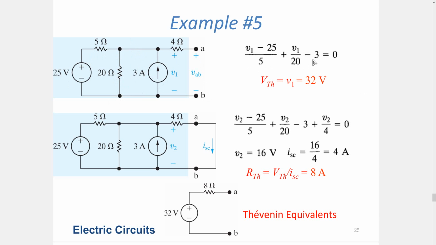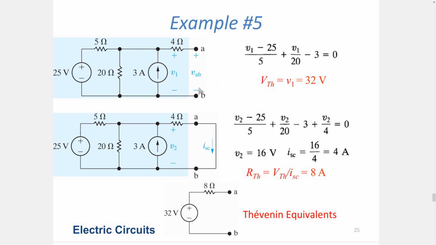So with a single equation and a single unknown, I can solve for V1, which will equal 32 volts. So I know that the voltage across this current source is 32 volts. And the voltage that I will measure with my voltmeter when I connect it between terminals A and B will be this value, because there is no current flowing.